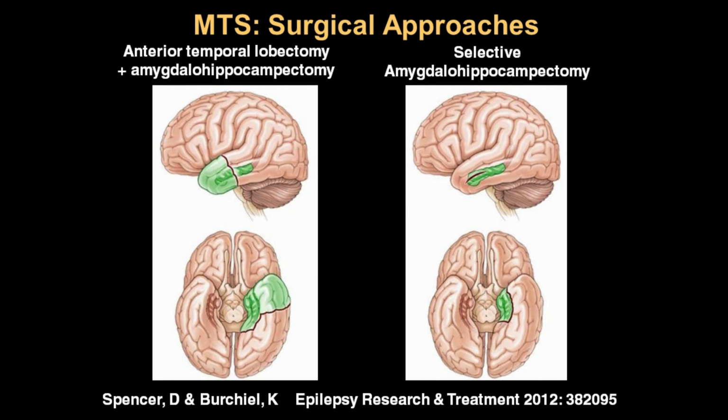Now, let's say we found mesial temporal sclerosis. What can we do about it, and does it make a difference? It makes a huge difference. If you have concordant clinical features, EEG, and MRI, you can go to the operating room and do either an anterior temporal lobectomy or a selective amygdalohippocampectomy.